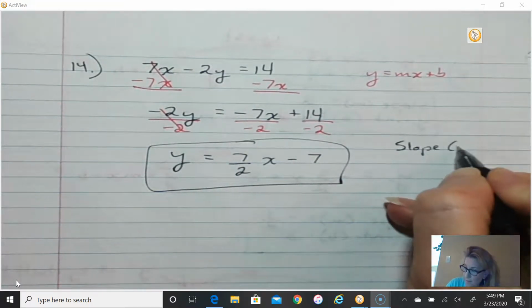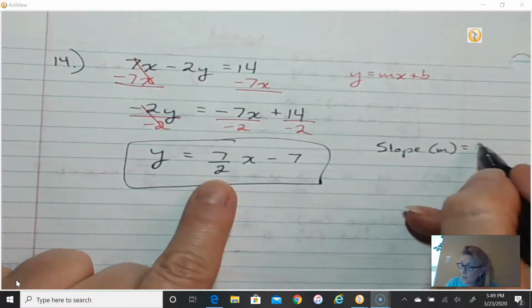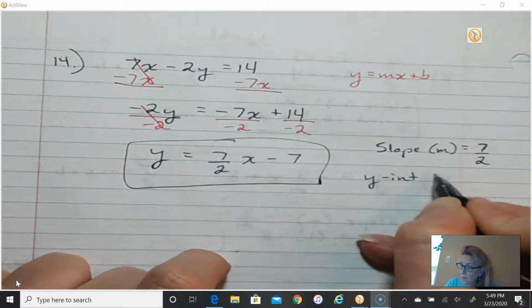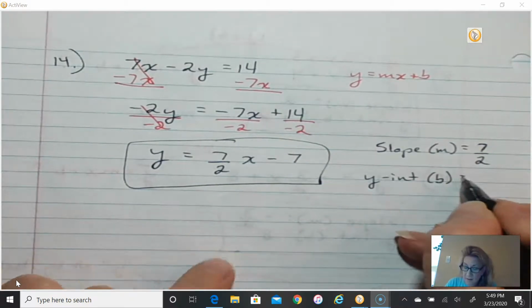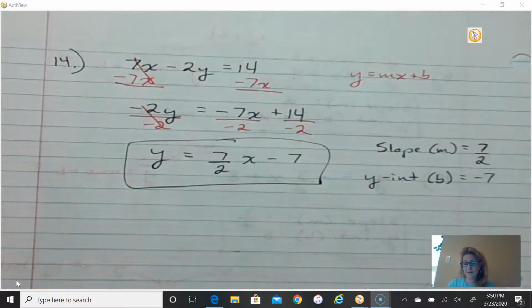Slope. That's going to be your 7 over 2. Your y-intercept, that's going to be -7. Okay? Now we graph it.